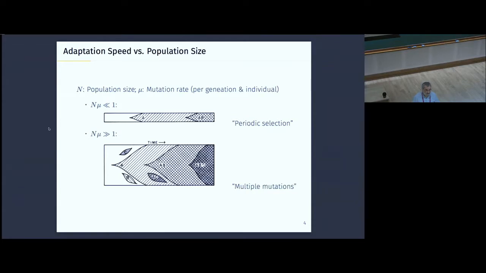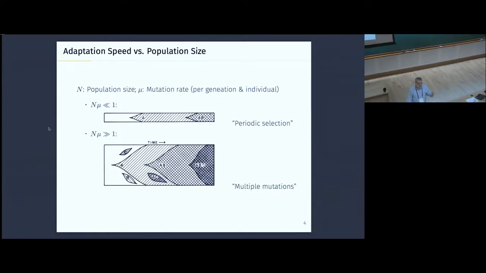Okay? So if you have no more than one mutation per generation, then you can expect that these mutations arise one by one, and then they have a certain time. We evaluated, you remember, the time to fixation. The time to fixation is of the order of log N divided by the fitness advantage, divided by S. We'll use that again.